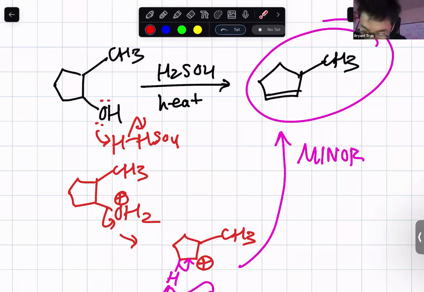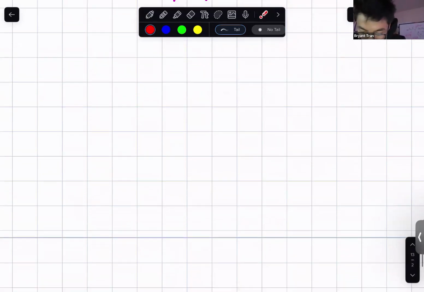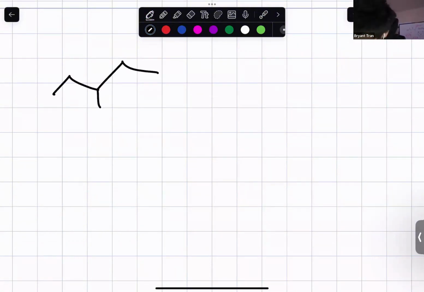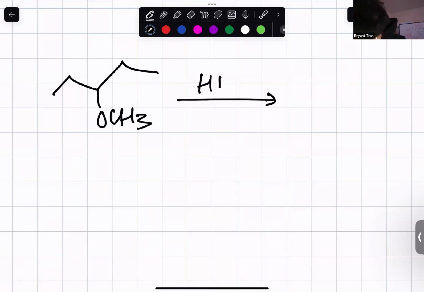Yep. Okay, so the next part here: provide the structure of the major organic compound for the following reaction. So in the reactant here, we have this ether reacting with HI, excess, and heat.